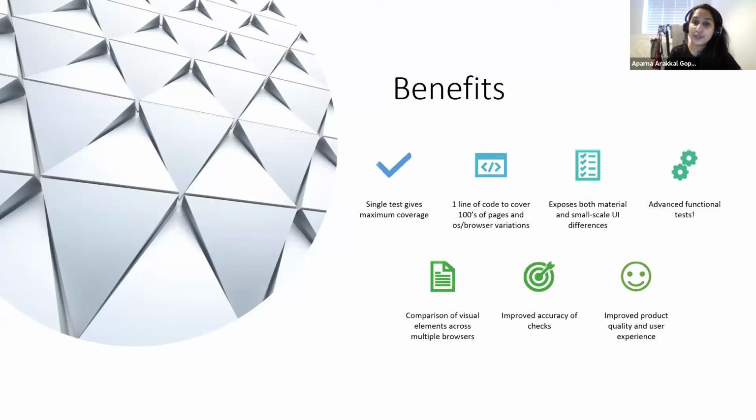And we can also compare visual elements across multiple browsers. It's not specific to one browser. Any browser, any OS, anything can be validated. Plus, it's not just for web or mobile. You can do PDF validation as well.